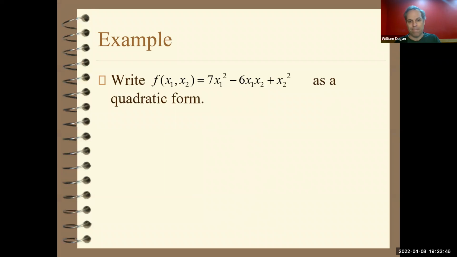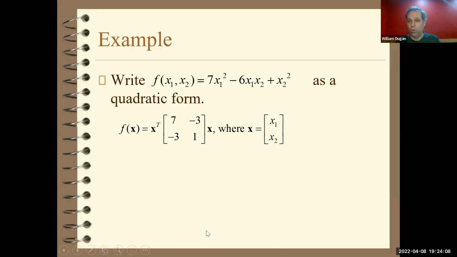Let's do that. So here is a quadratic form. This time, though, the vector is (x1, x2). And it's 7 times x1 squared minus 6 times x1 x2 plus x2 squared. I want to write that in quadratic form. So that means I have to have a matrix that does it. Well, that matrix has to have, in the upper left-hand corner, first row, first column, a 7.